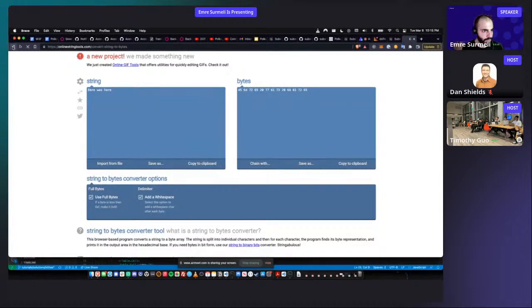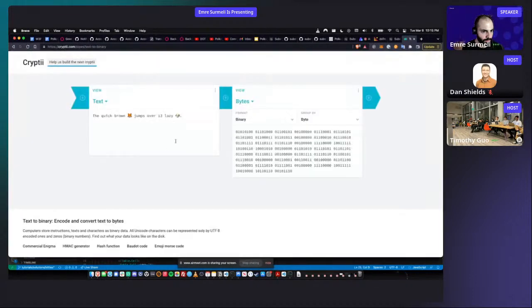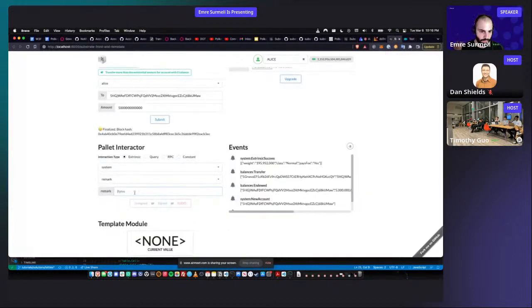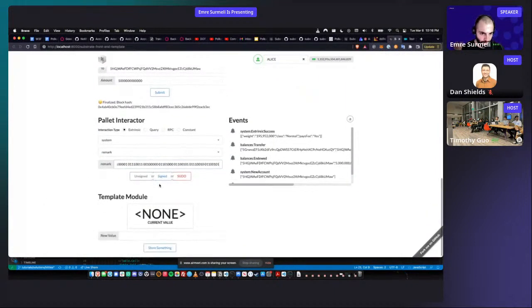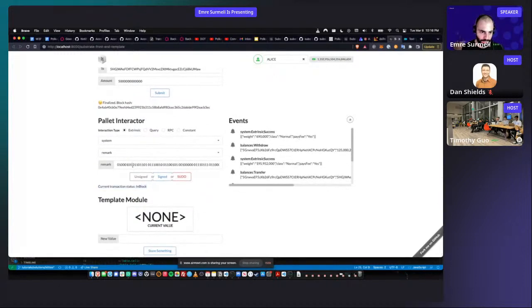So this text to binary, that's more like it. It allows you to do different types of encoding, but I'm just going to go with binary. Right, so cool. And then I'm going to send a unsigned transaction. Oh, signed transaction, sorry. And it's going to include those bytes inside of a block.